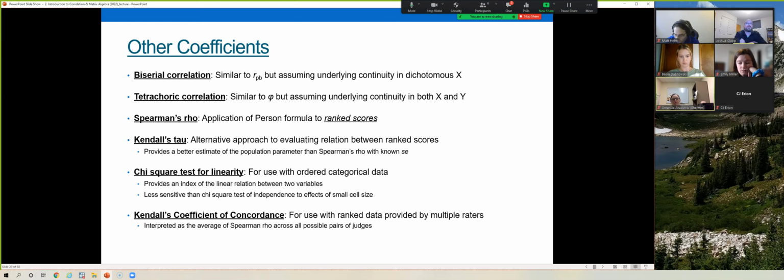Tetrachoric correlations are similar to phi coefficients, but again, we're assuming underlying continuity in both X and Y. So we've got two variables that are dichotomous, but we're saying that these really aren't dichotomous constructs. These aren't categorical constructs. They represent a continuum. A tetrachoric correlation makes an adjustment that assumes underlying dimensionality between those two.